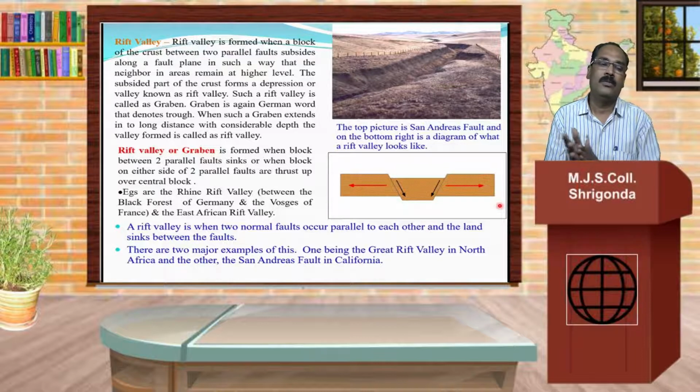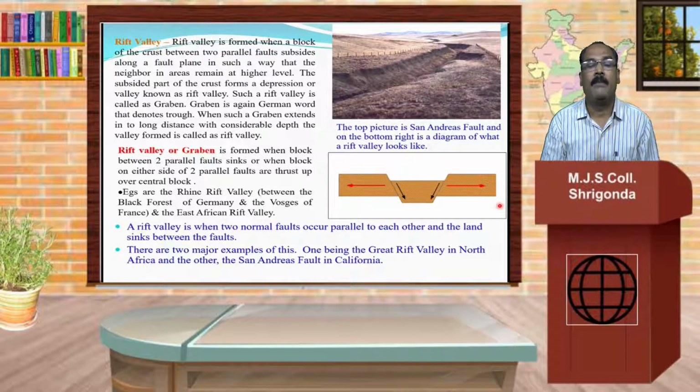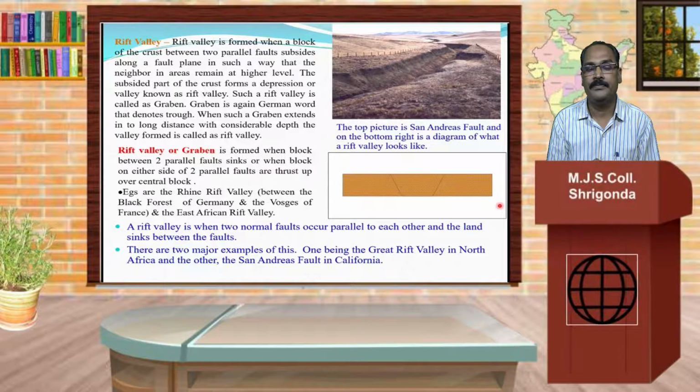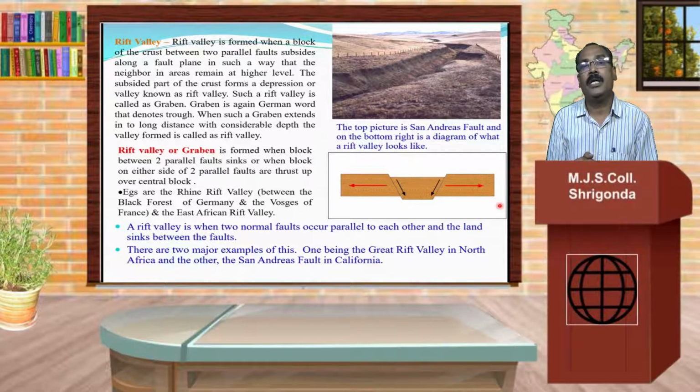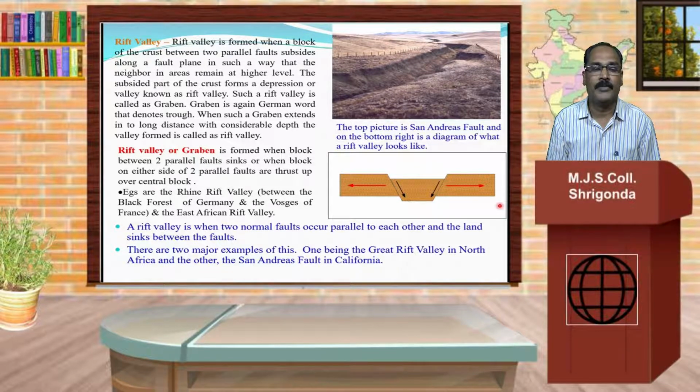There are two major examples of these: one is the Great Rift Valley in North Africa, and the other is the San Andreas Fault in California.